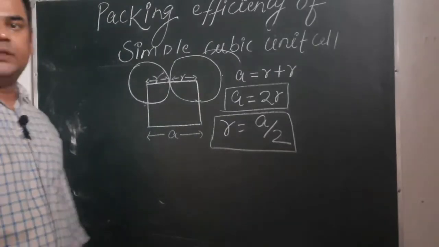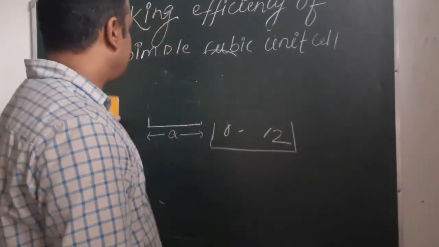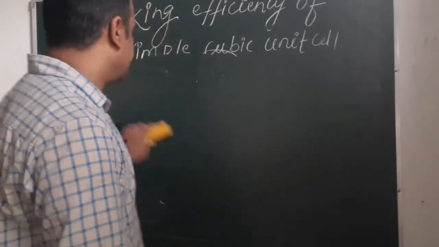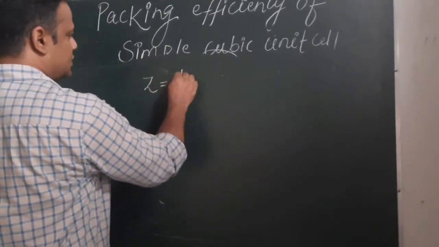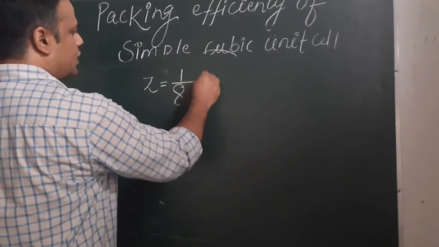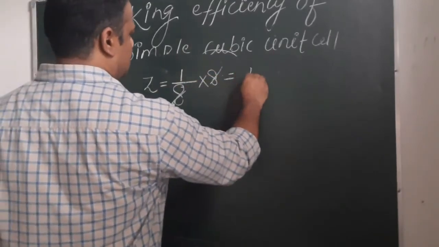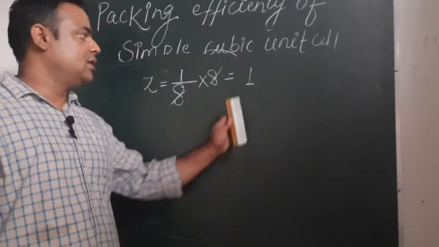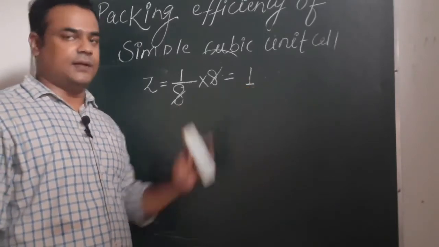Now if we calculate Z, the total number of constituent particles per unit cell, or the contribution of constituent particles per unit cell, then we know that the total number of corners is 8 and the contribution of each corner is 1 by 8. If we multiply this, we get 1. So in each unit cell there is one constituent particle, meaning one sphere.